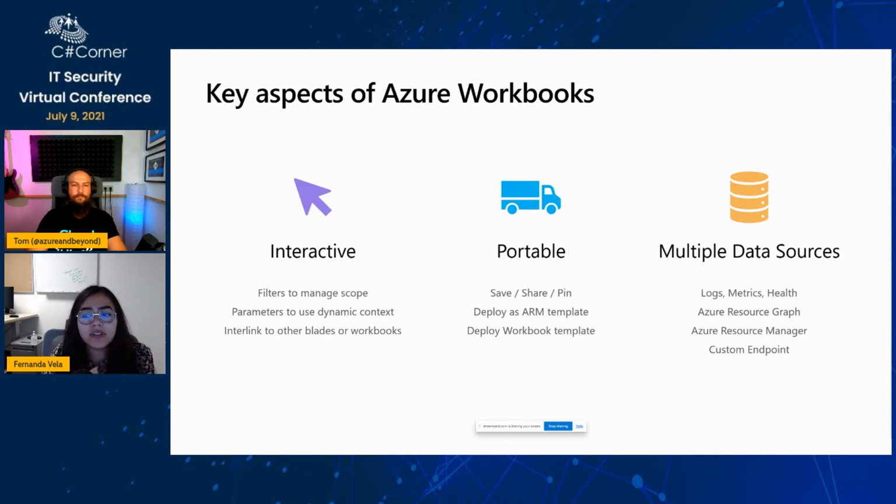And the data sources that are going to be read are, for example, logs, metrics, health, Azure Resource Graph, which is also some of the things that Tom was explaining, Azure Resource Manager, and you can also have a custom endpoint, so you can read from that.